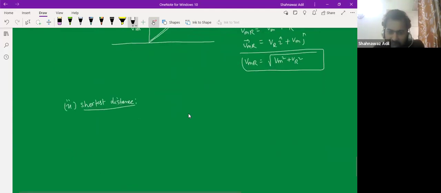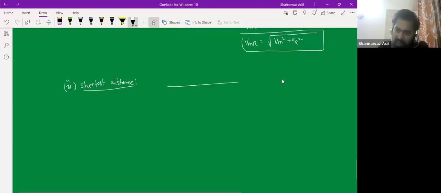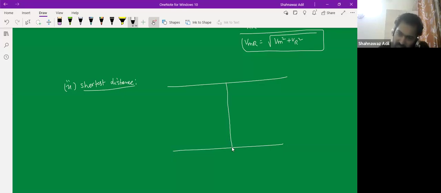Okay. So now let us talk about the shortest distance. This is the shortest distance. And if the man wants to cover this shortest distance, then he has to move in this direction. So this has now become the velocity of man. This is the resultant, right? And this is the river velocity.